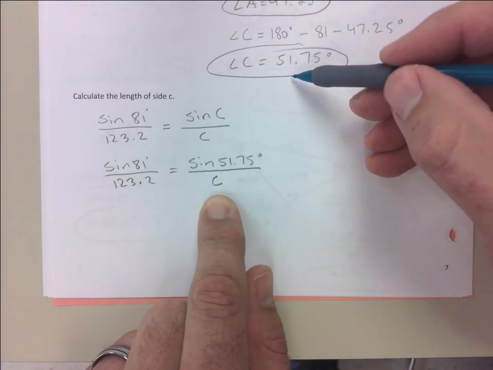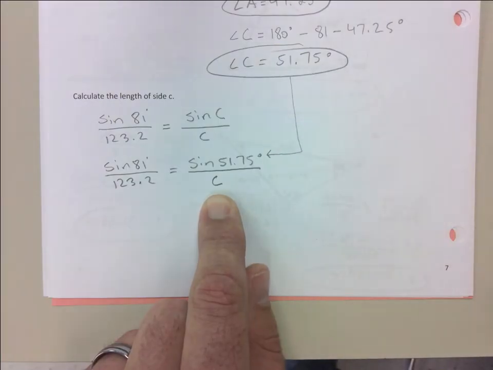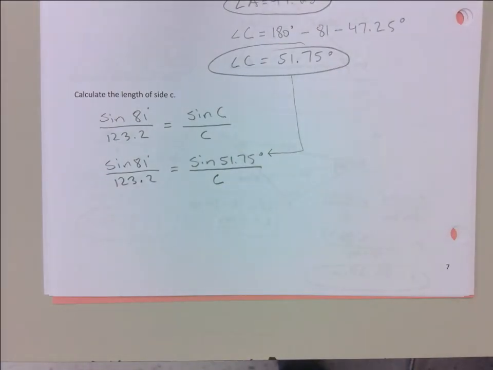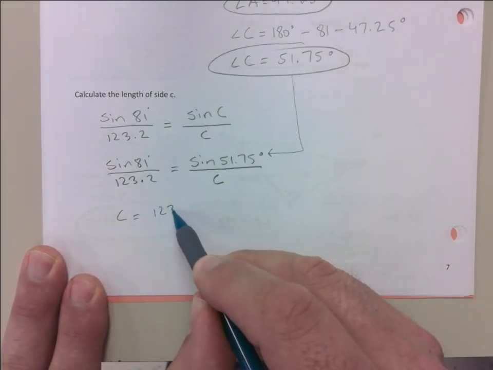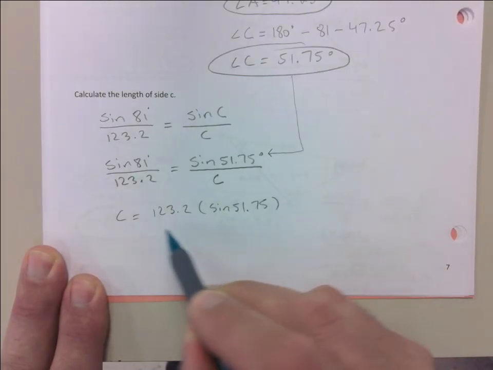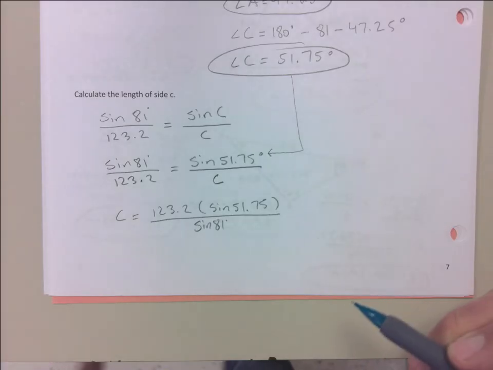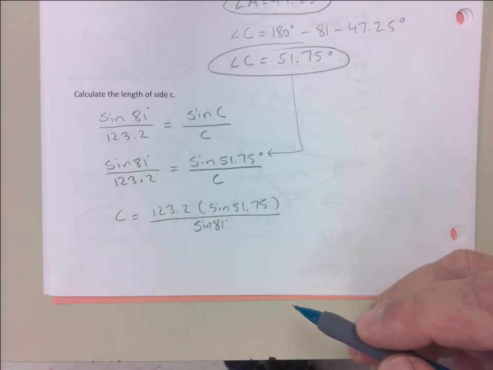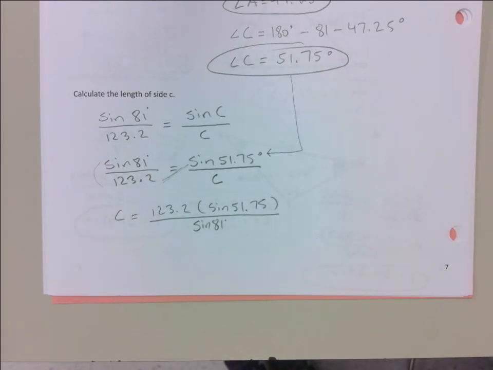If you're not highlighting or anything, I'm just going to put an arrow to that 51.75. And let's do this. So you go cross multiply and divide. Cross multiply first, and divide.